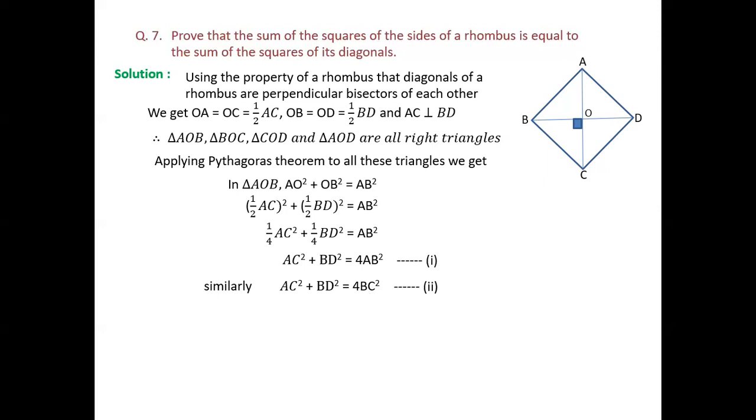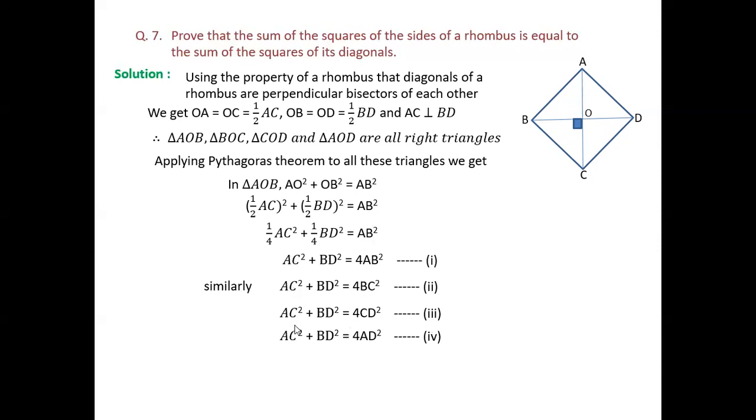This will be the second. You will again get AC square plus BD square is equal to 4 CD square. This will be the third. And again, AC square plus BD square will be equal to 4 AD square. This will be the fourth equation.